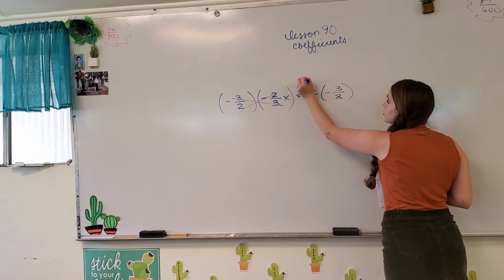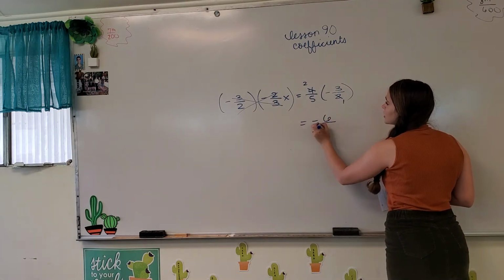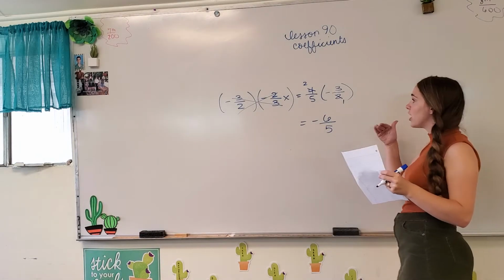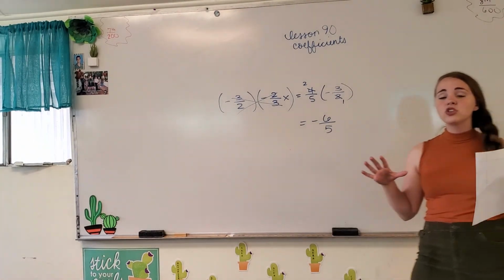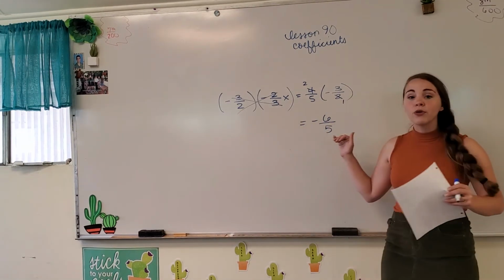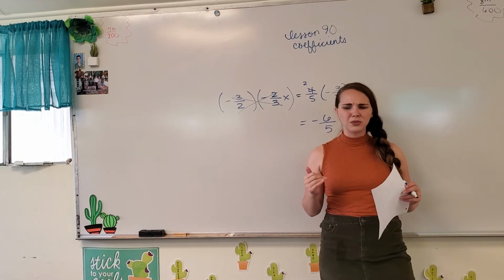We can cancel. And we end up with negative 6/5. And don't forget the negative. I'm going to say it again. Make sure you're not just dropping that negative. Now there's a little explanation before this example, and I'm a little concerned that if you read it, you're going to be like, what is going on?